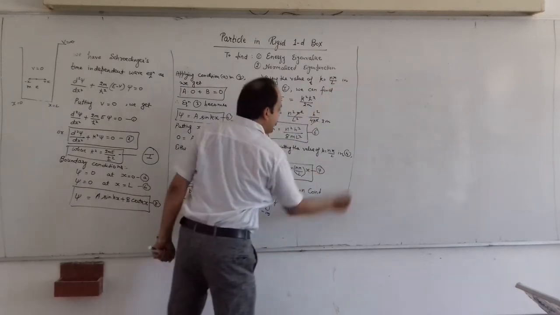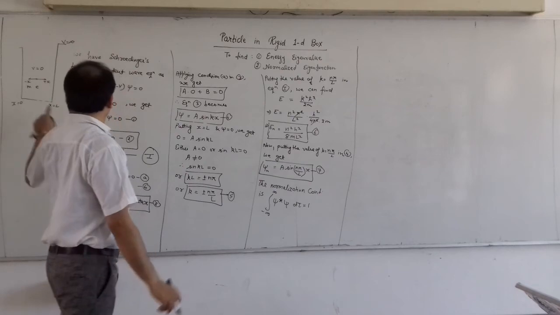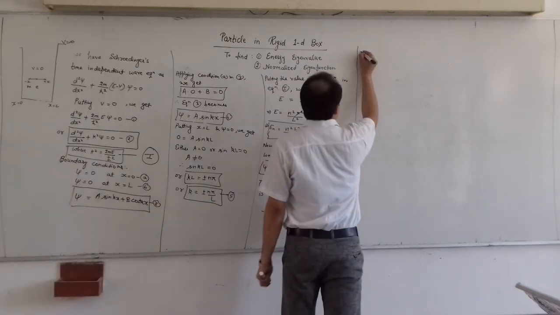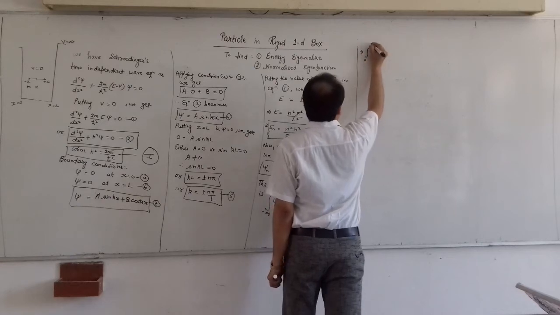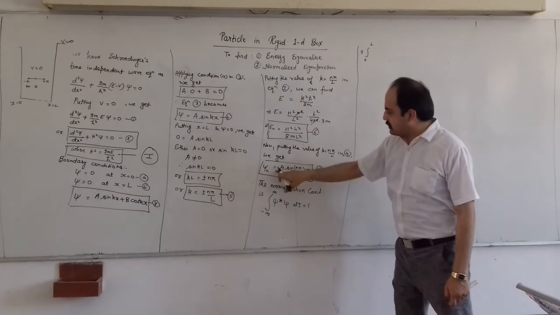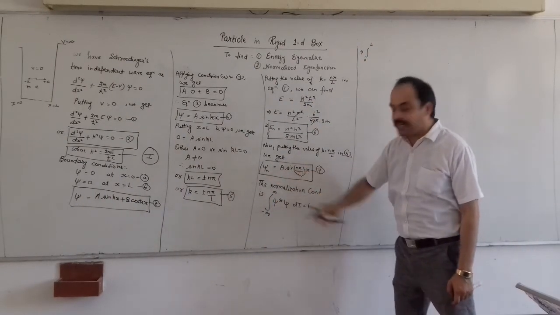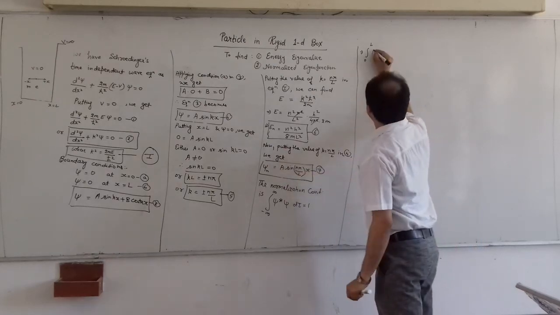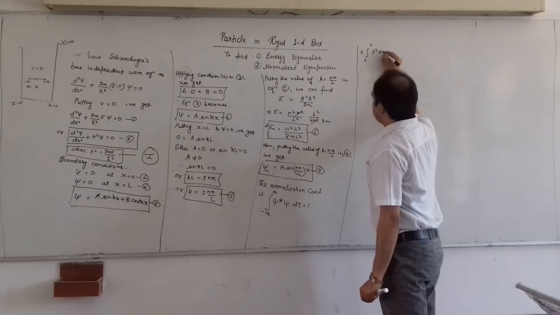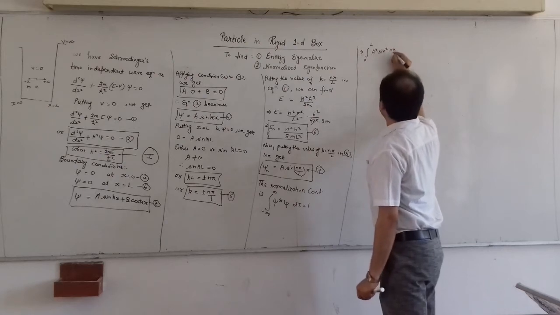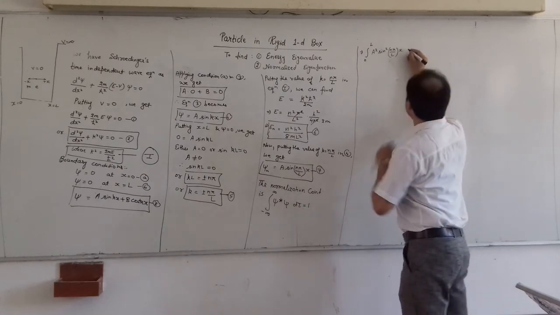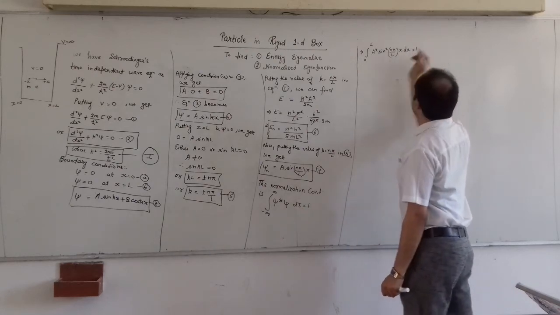As we have considered that our particle is moving within a box of dimension 0 to L, we can write the normalization condition as 0 to L. We have our function A sin n pi by L x. Psi star is the complex conjugate, so we will get A square sin square n pi by L into x. As it is moving in only one dimension, we will write dx in place of d tau.